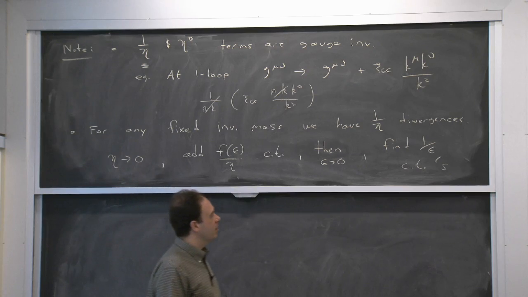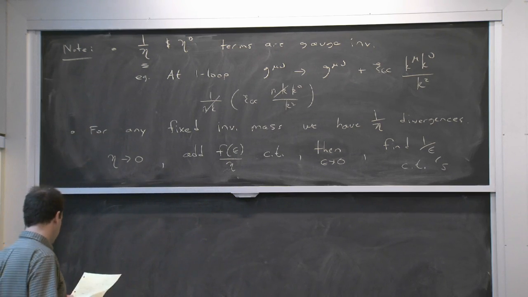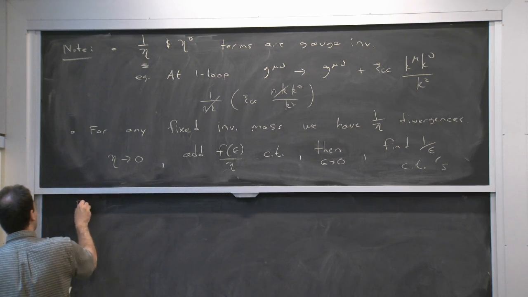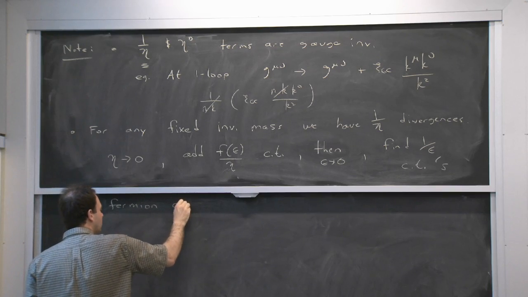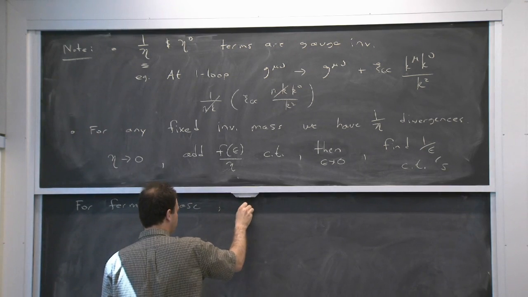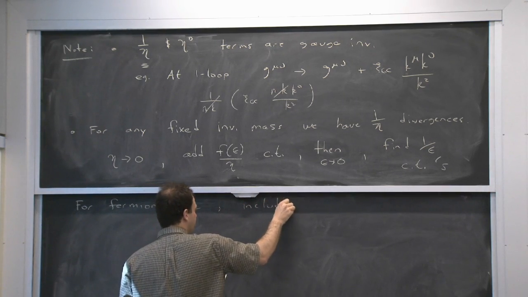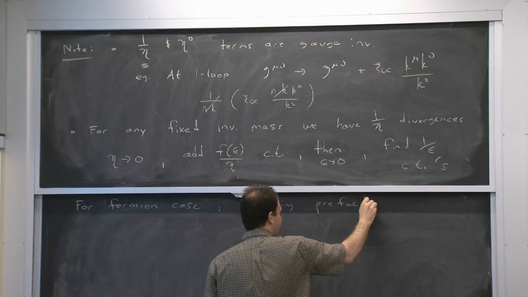So let's go back to our integrals that I've now erased and just write out the answers for doing those integrals with this regulator. And I'll also make them fermions, so I'm putting in the numerators. We wrote them down for scalars. The scalars were the most divergent integrals, actually. I can include the numerators. That doesn't really change the story. And I can include the prefactors as well.